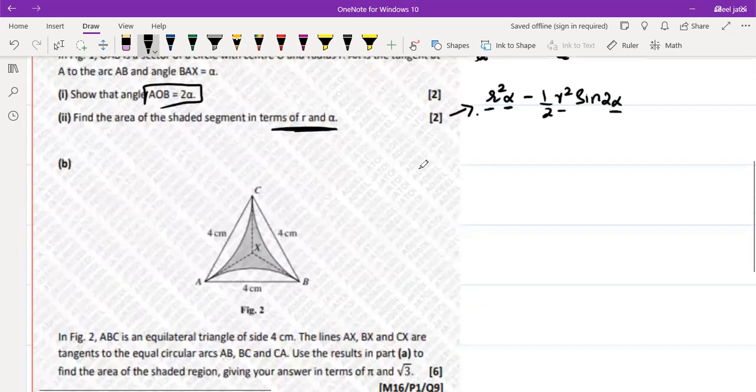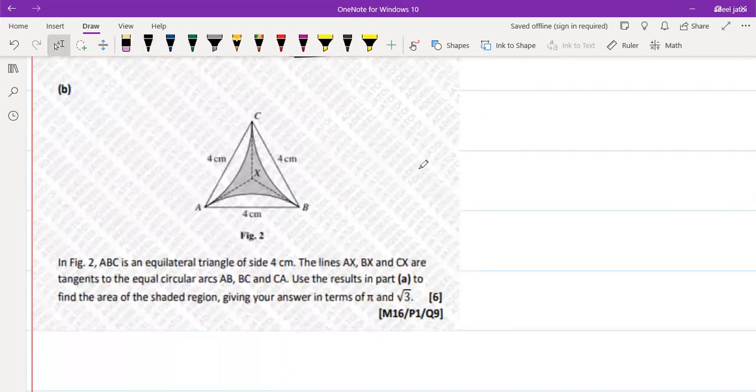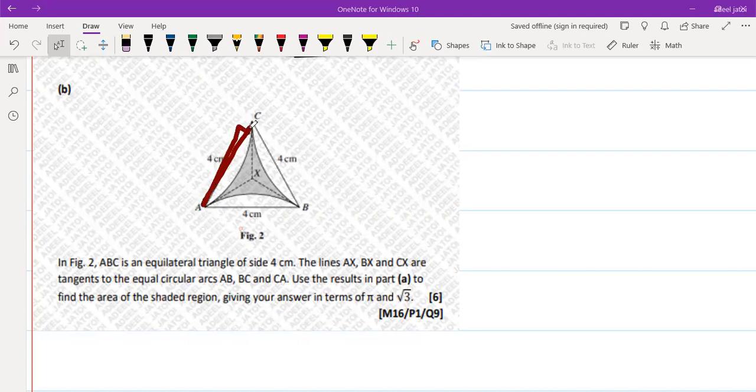Continuing to part B. Same concept, you need to understand this. It is an equilateral triangle, with sides 4, 4, 4. Since it is an equilateral triangle, this angle should be 1 upon 3 pi. This angle should be 1 upon 3 pi.